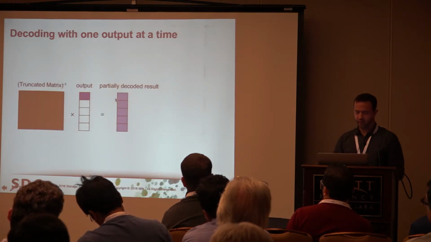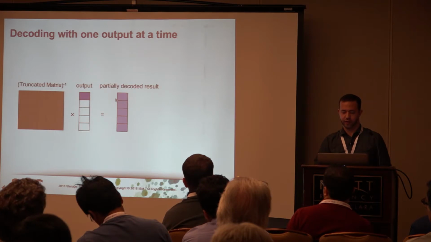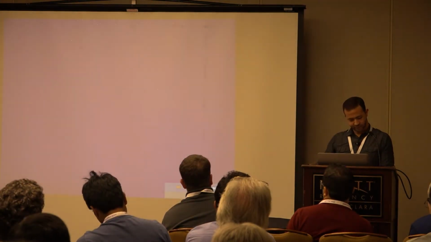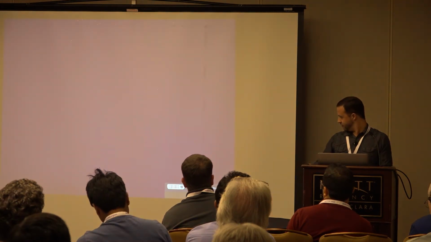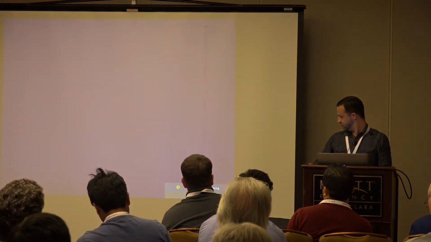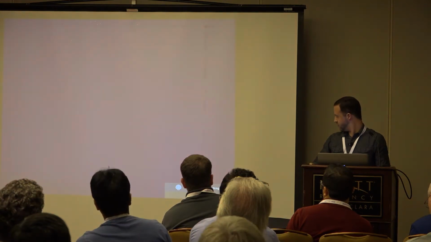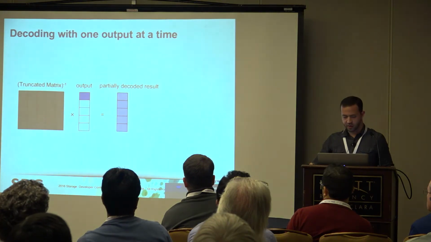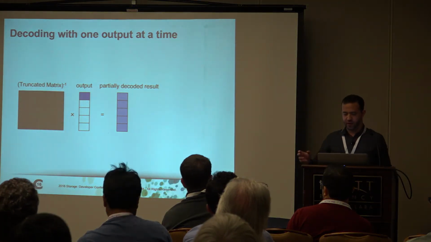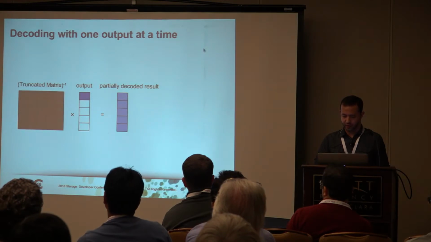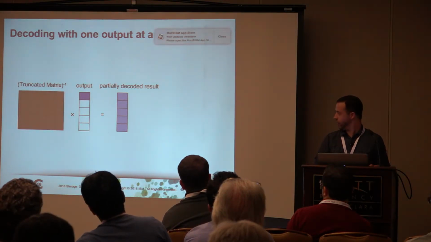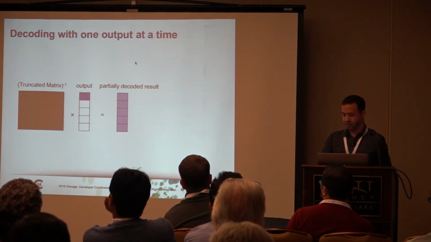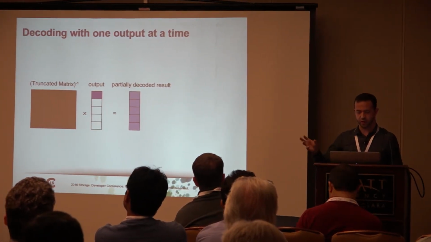So to decode one output value at a time, we can use each subvector, which contains just one of the outputs, to perform what we call partial decoding. A partial decoding of the input.